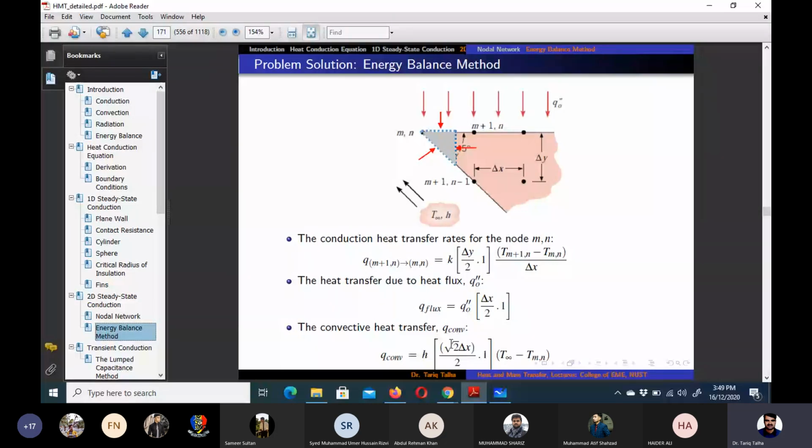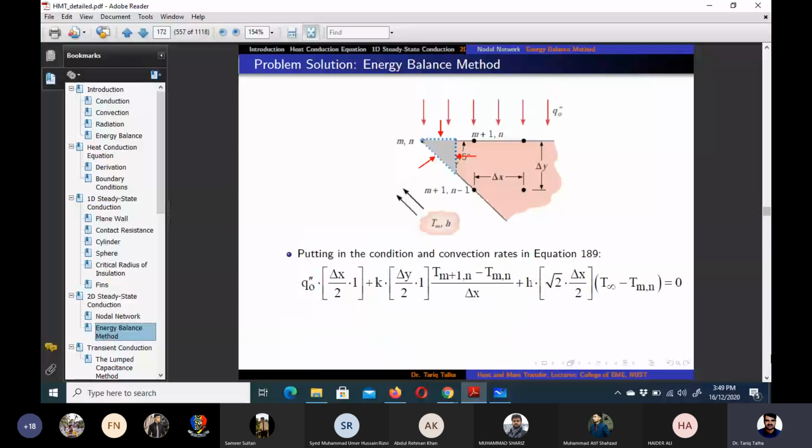We have already determined that on the last slide, and it is under root 2 into delta x by 2 into 1.